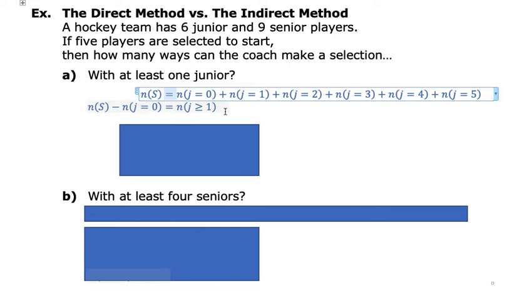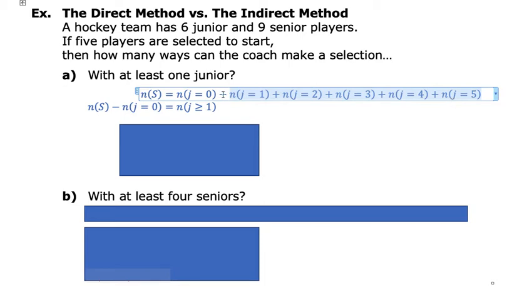Now, if we were to look at the cases which are of interest, at least 1 junior, the selection that I'm highlighting involves 1, 2, 3, 4, 5 cases to calculate, if I were to calculate this directly.